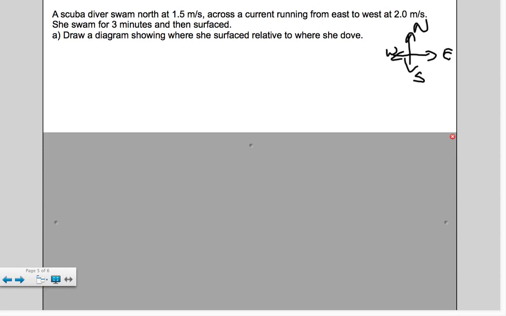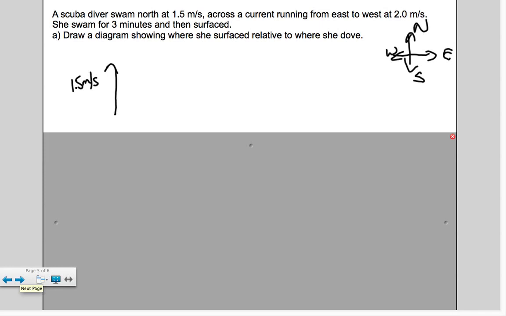So here what happens, she's swimming north at 1.5 meters per second.